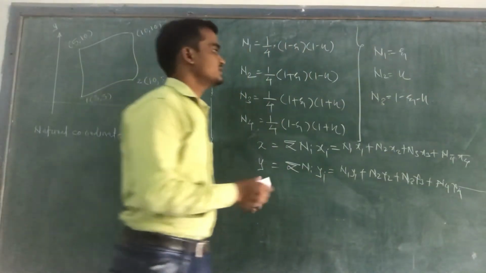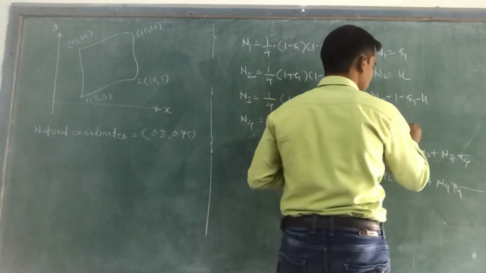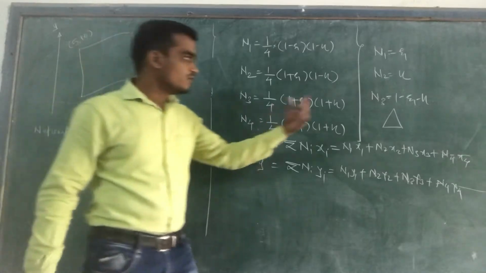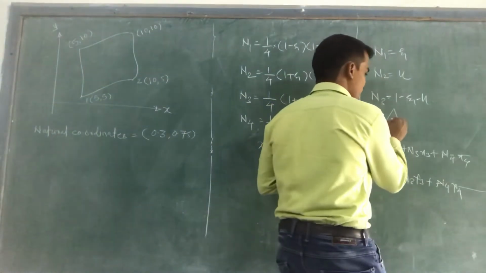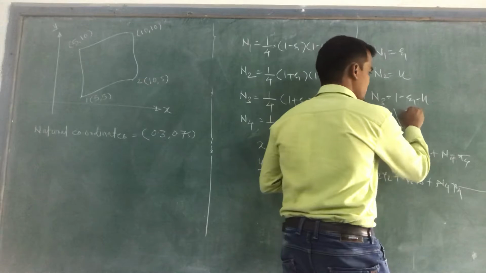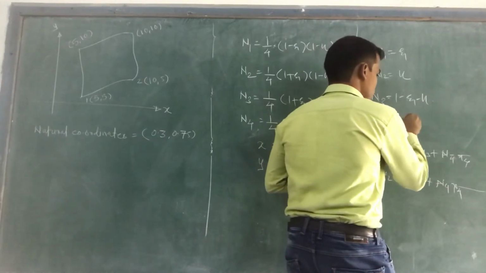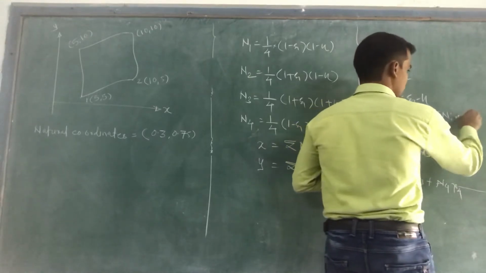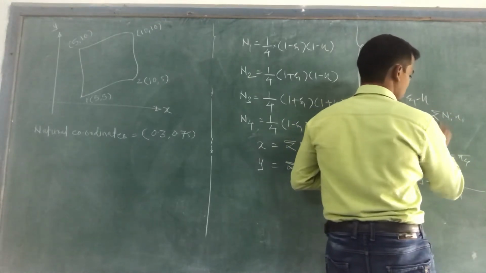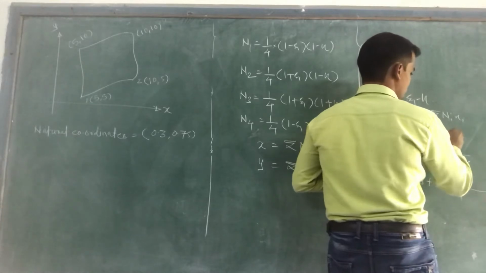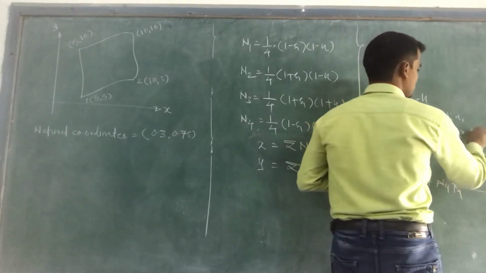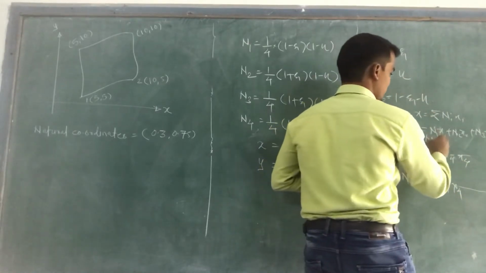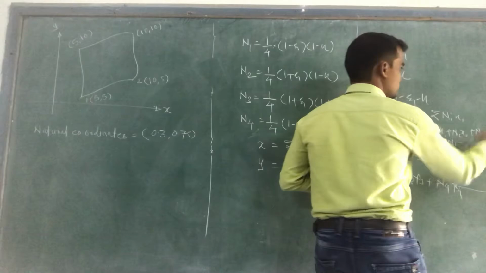If we need to transform this triangular element to the global coordinate system, then we can find the point P coordinates x, y by using this formula: x is equal to summation of ni xi. It means n1 x1 plus n2 x2 plus n3 x3. Similarly, y is n1 y1 plus n2 y2 plus n3 y3.